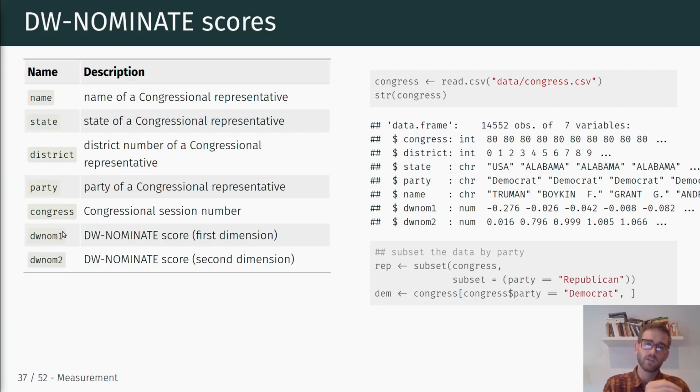It looked at congressmen's roll call votes in Congress and used that to scale them all on a two-dimensional ideological position, which are here the DW-NOMINATE score first dimension and DW-NOMINATE score second dimension. Okay.